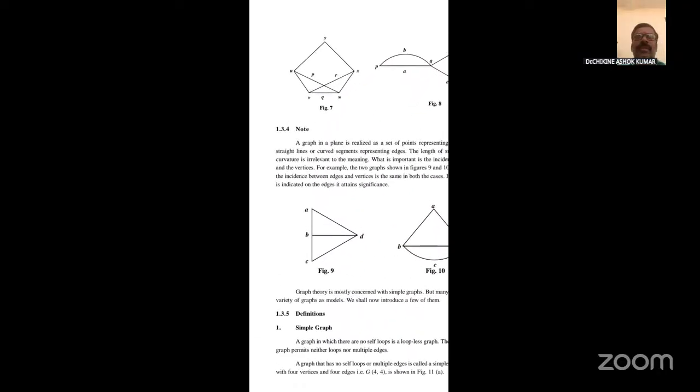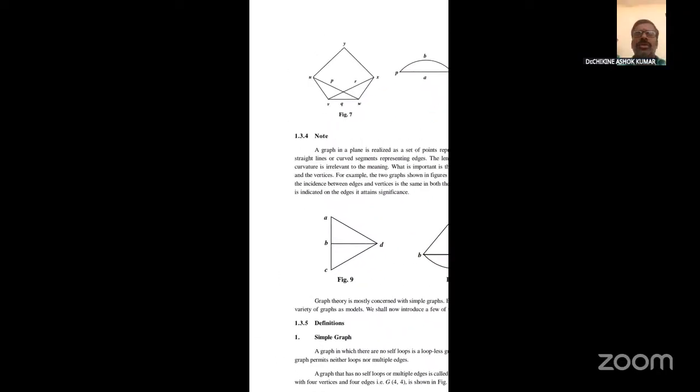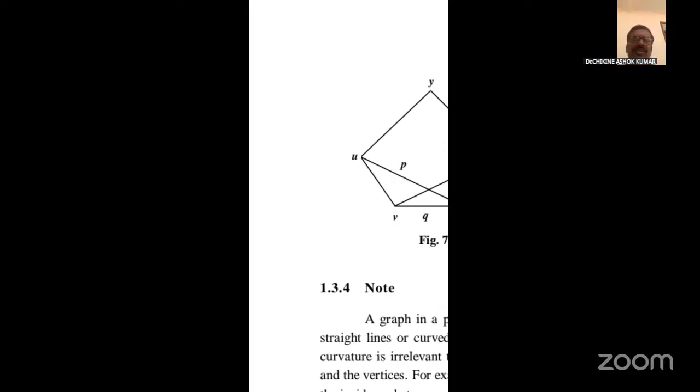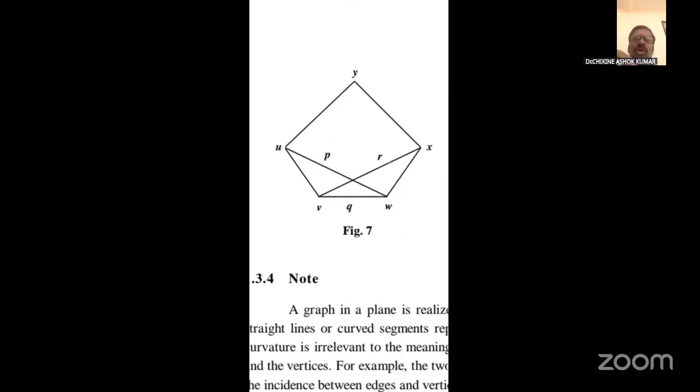Here, U and V are adjacent vertices, but U and X are not adjacent vertices because there is no connectivity from U to X. Is it clear? In this figure, U and V are adjacent vertices, whereas U and X are not, because there is no connectivity from U to X.